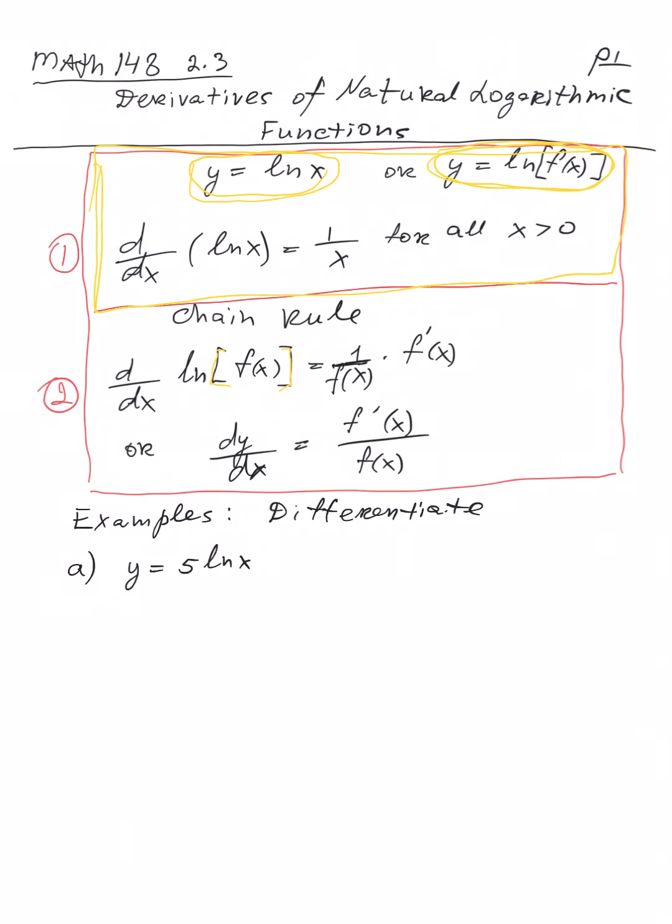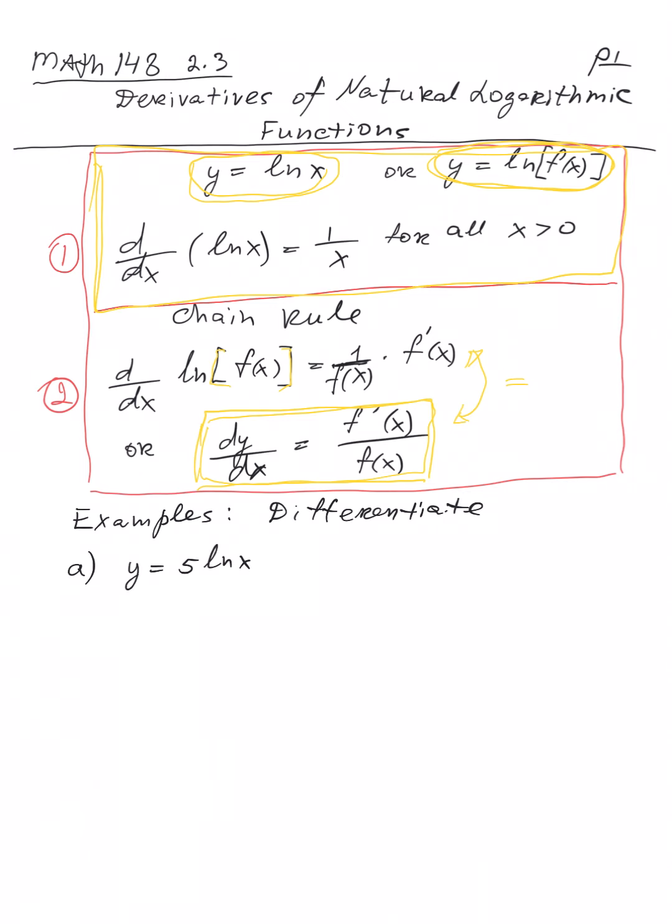Another way you will often see this written is in this form, but these two are equivalent. You need to memorize these formulas or use them until you internalize them. So let's take a look at the examples.